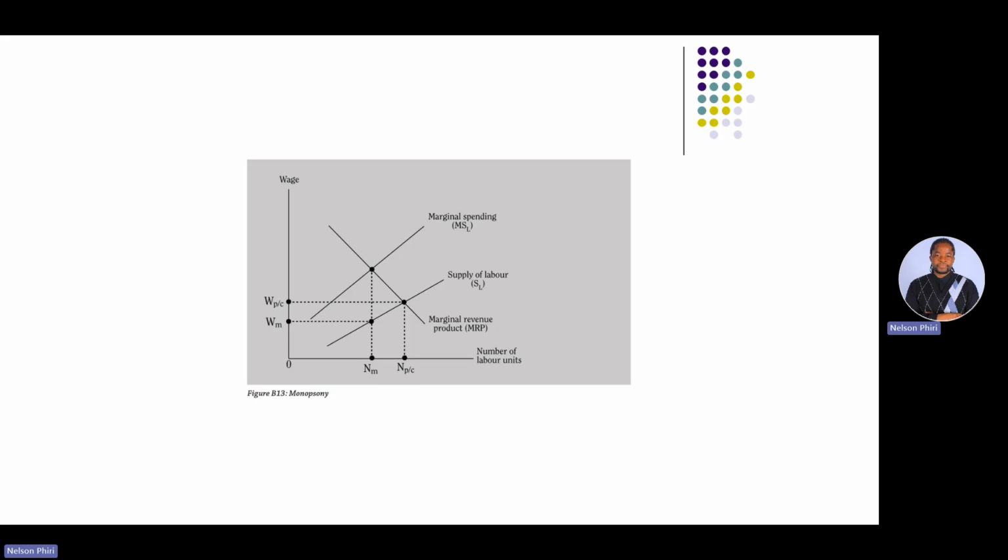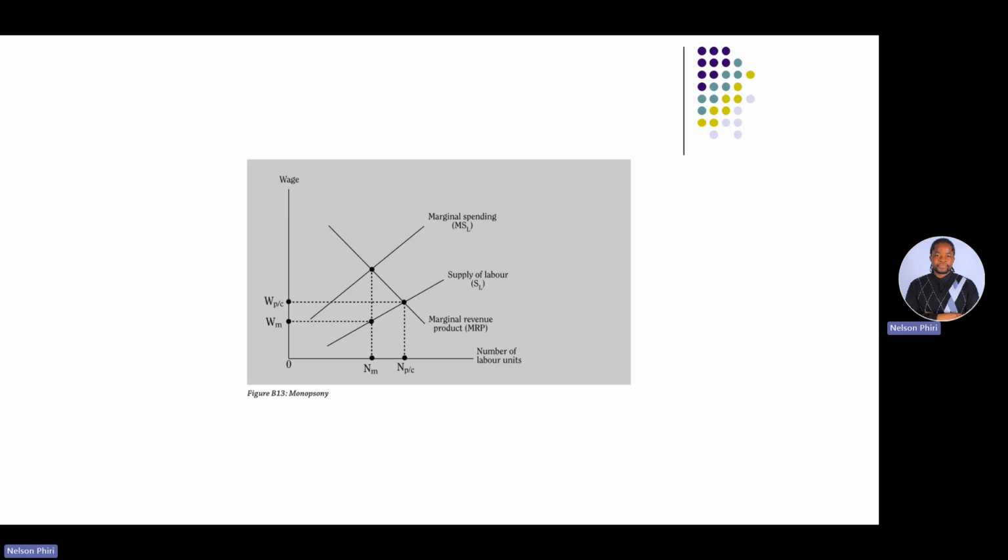So the optimal units that the employer is willing to employ will be at a point where MRP equals MSL. Where your MSL intersects your MRP, that is where the employer will employ the workers. You can see there the number of employees is NM and the wage rate is WM, not a higher wage rate. The answer is simply that NM units of labor are prepared to work at a wage rate of WM.